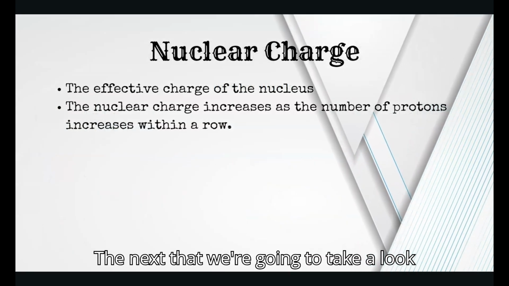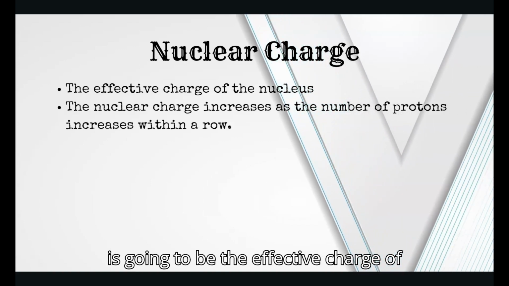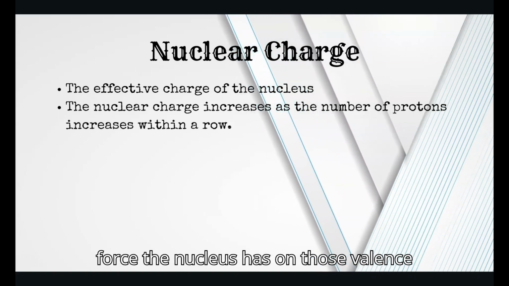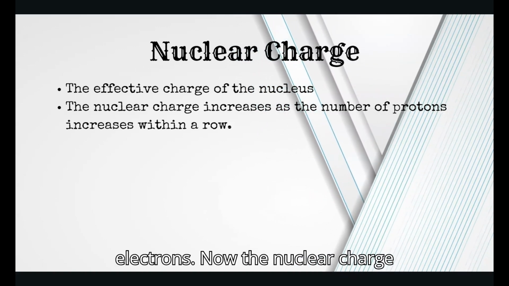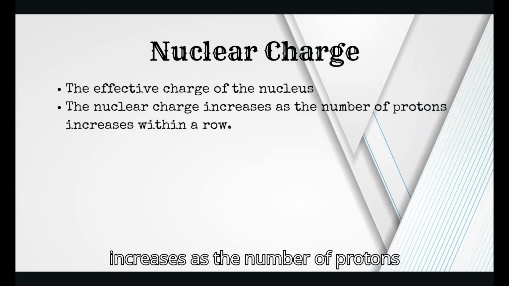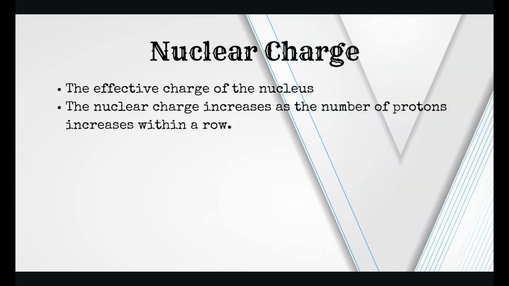The next that we're going to take a look at is nuclear charge, which is the effective charge of the nucleus, or essentially how much force the nucleus has on those valence electrons. Now, the nuclear charge increases as the number of protons increases within a row.